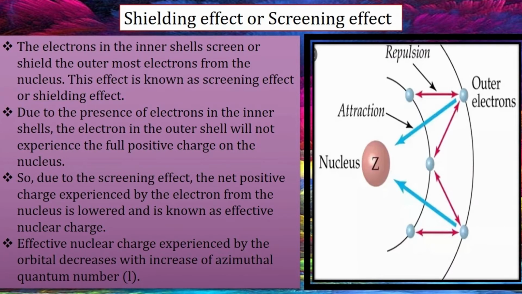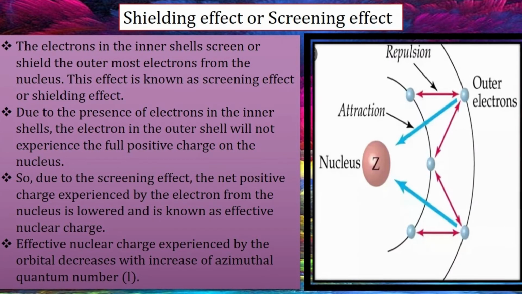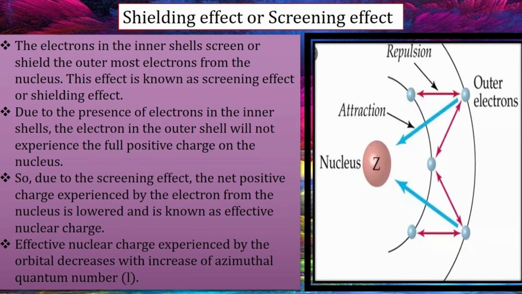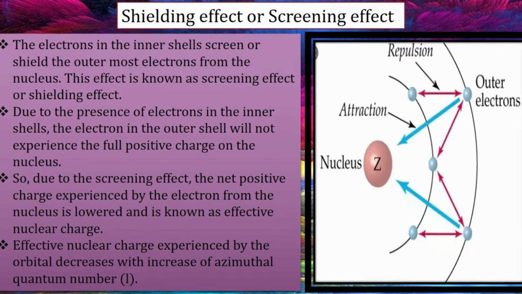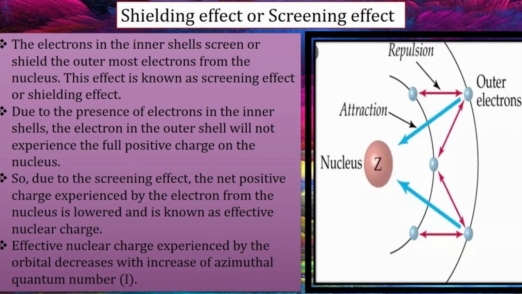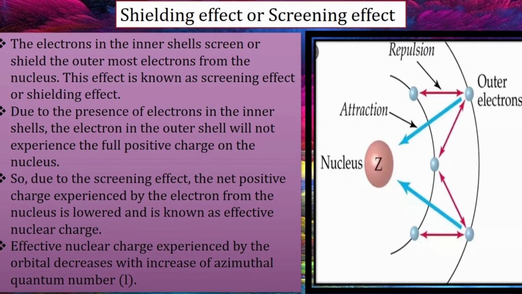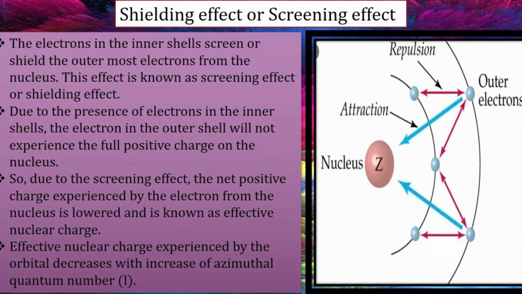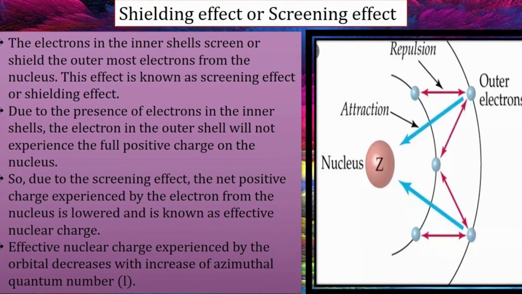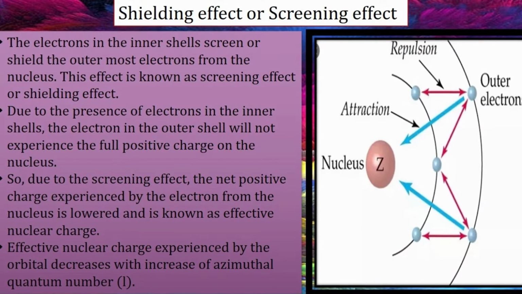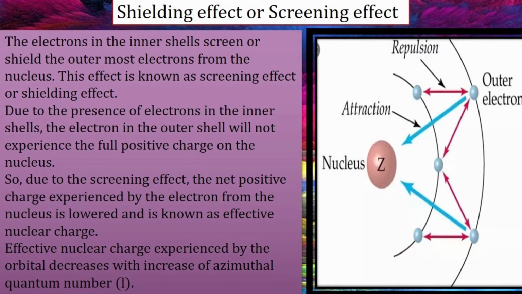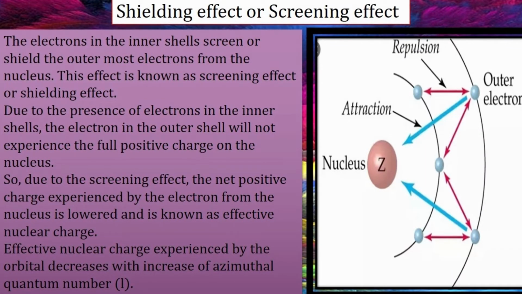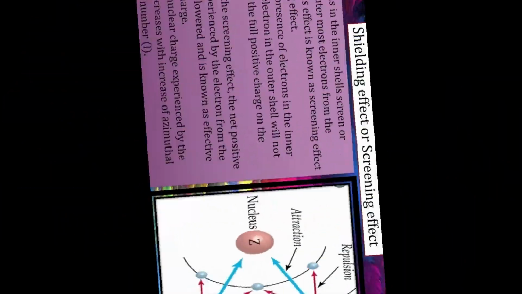In other words, the electrons in the inner shells screen or shield the outer electrons from the nucleus. This effect is known as the screening or shielding effect. This is different in different types of orbitals. The net positive charge experienced by the electron from the nucleus is called the effective nuclear charge.